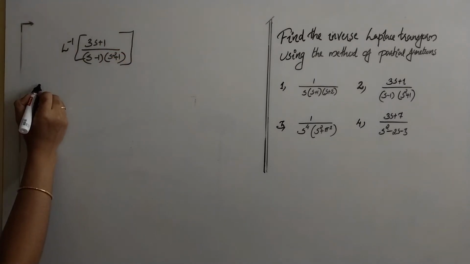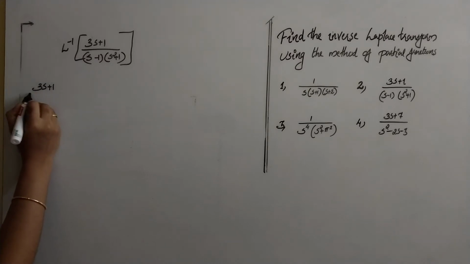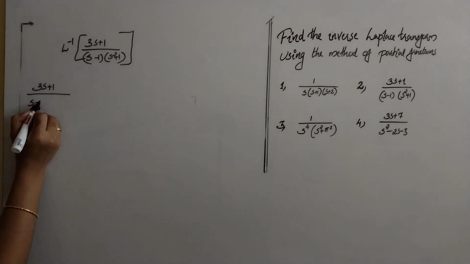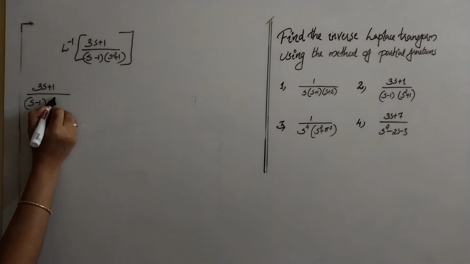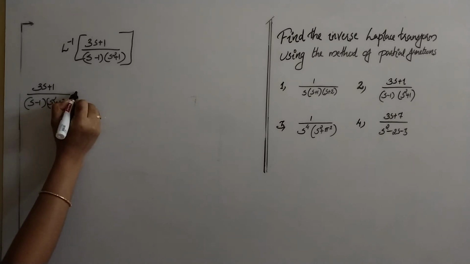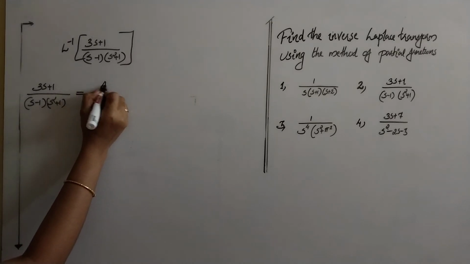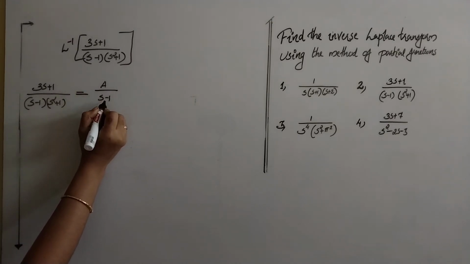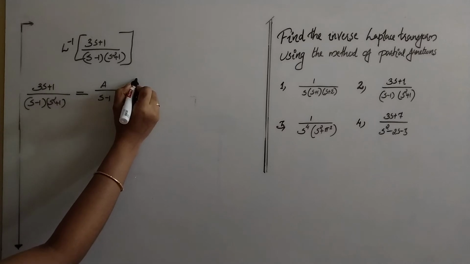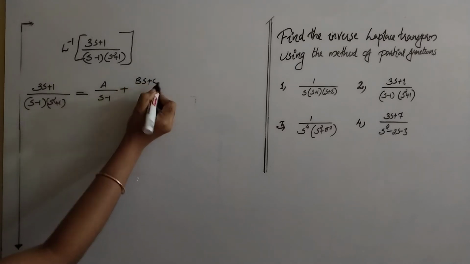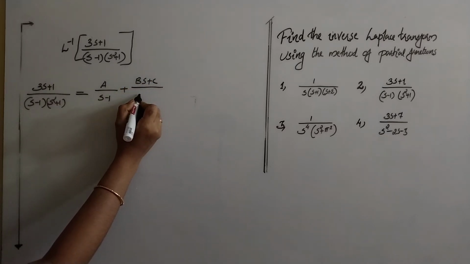Here 3s plus 1 divided by s minus 1 into s square plus 1 can be written as a divided by s minus 1 plus bs plus c divided by s square plus 1.